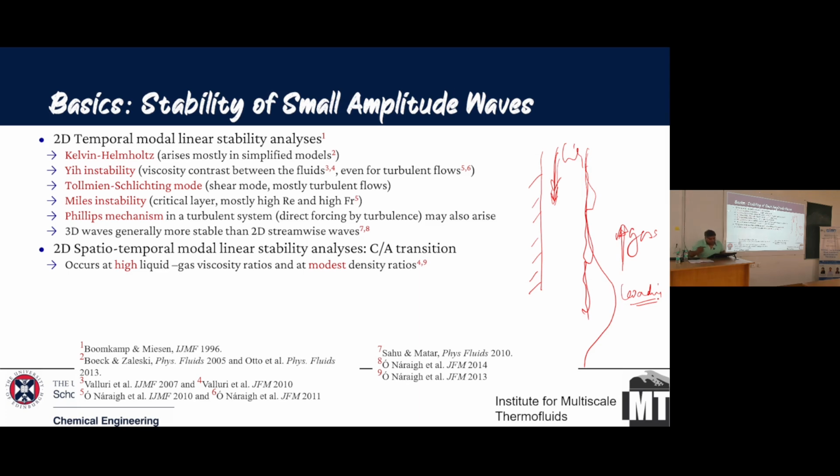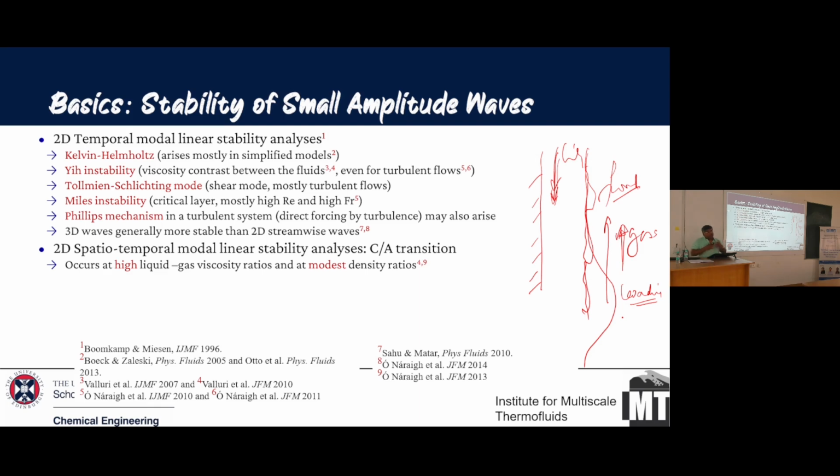Now if you keep increasing your gas flow rate, the waves then travel upwards. That is called the flooding condition. In the flooding condition, the waves are traveling opposite to the direction of the liquid. So this is where the waves start growing against the flow. They go all over the flow and flood the entire domain, and that's when your column becomes inoperational.